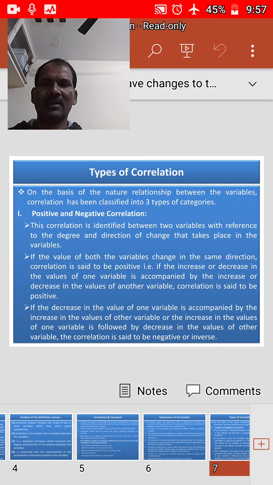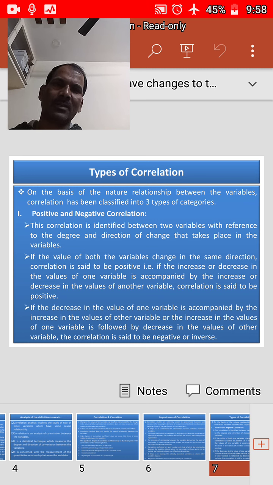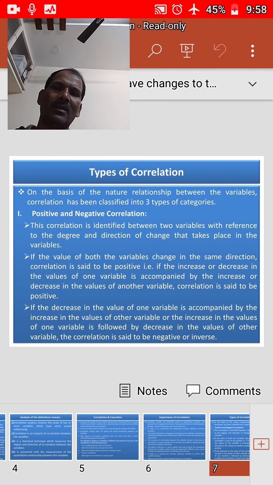If the increase or decrease in the value of one variable is accompanied by the increase or decrease in the value of the other. For example, if the price of gold decreases, people think that it may decrease further, so speculation may stop them from buying more. If the price increases, they think that the price may increase further, hence they may buy, and the demand for gold increases.